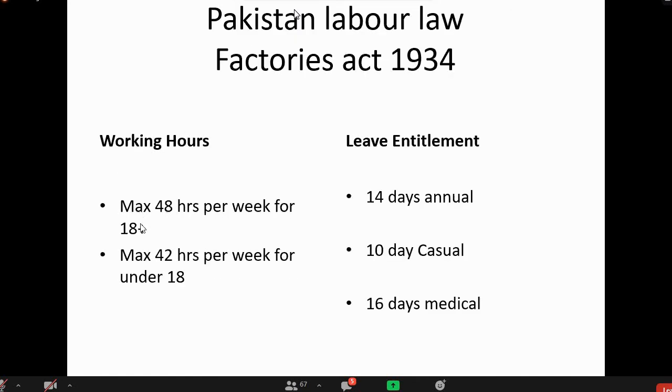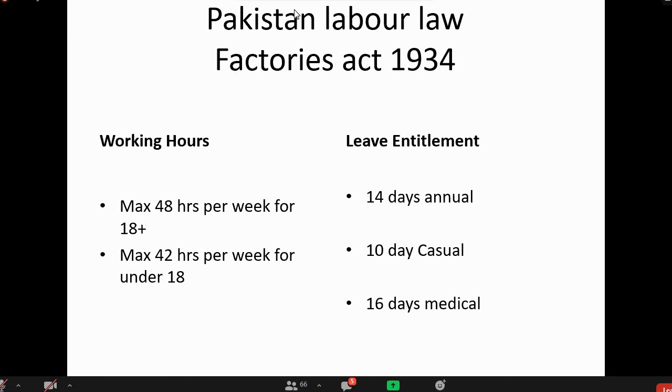We have working hours of 48 hours per week for those 18 plus, and 42 hours per week for those under 18. For those under 18, there are other prerequisites: they can work only in the morning hours, and that also is not below 16.